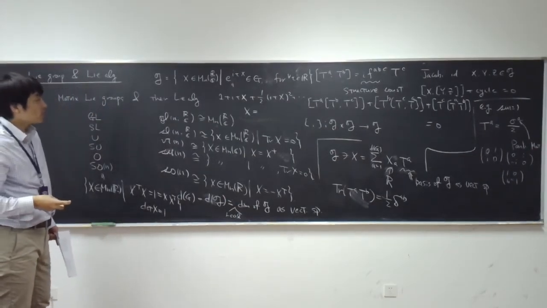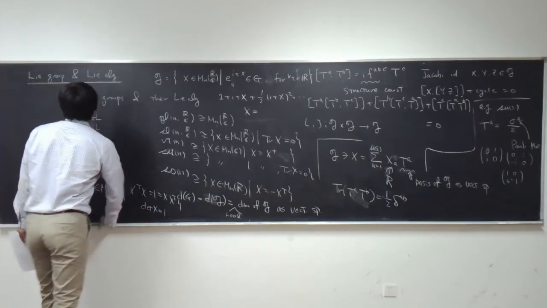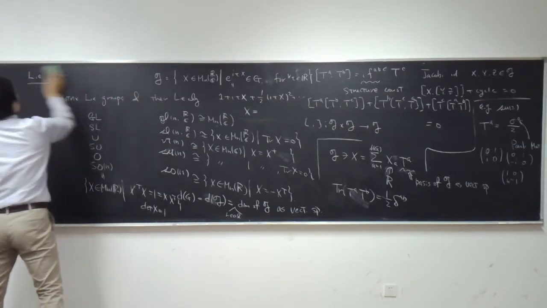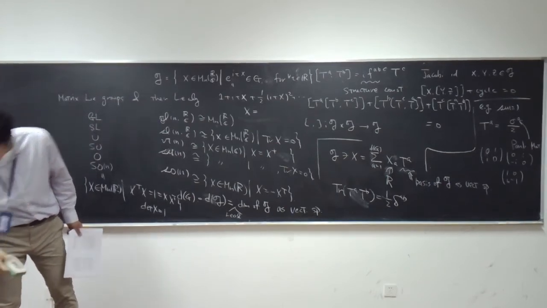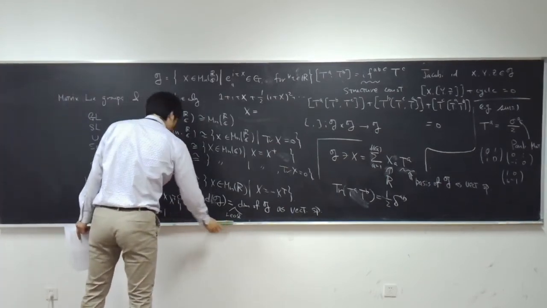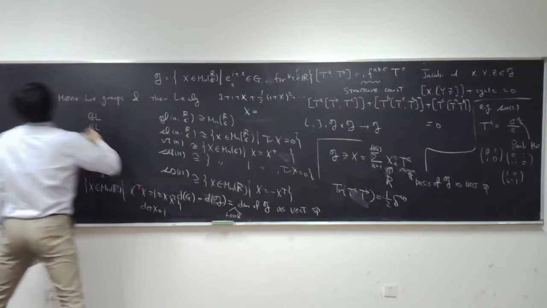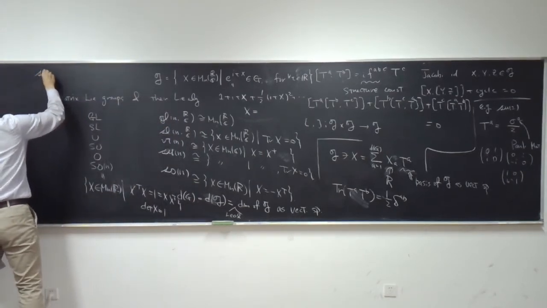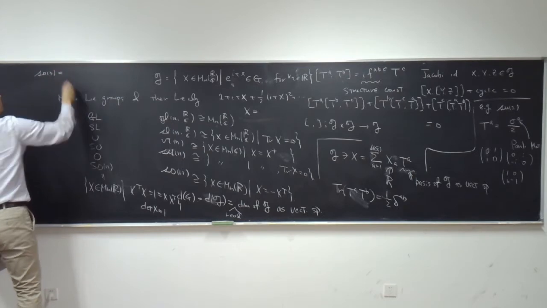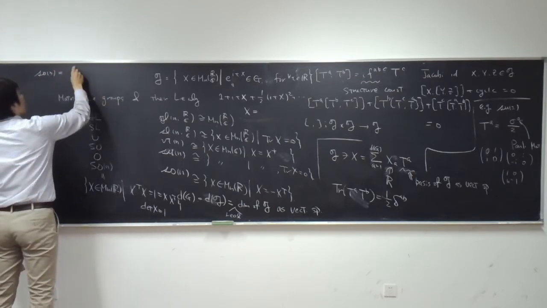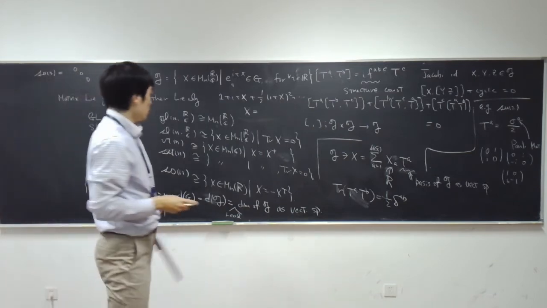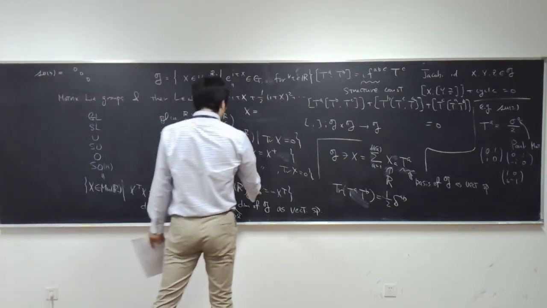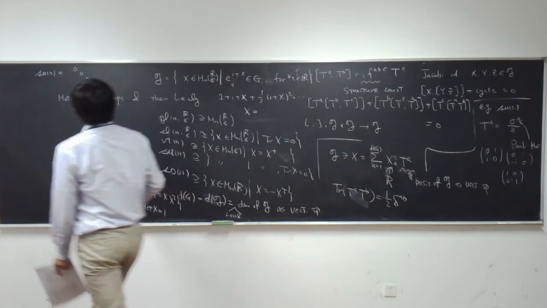For instance, let's think about the SO3 in that case. So this is the matrix with zeros on the diagonal, and if you take the transpose, you get the minus.